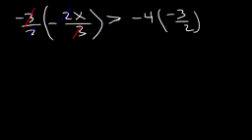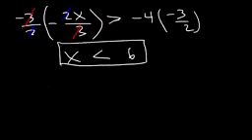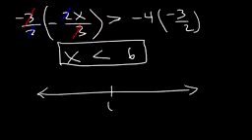And the 2 negatives will cancel, making this positive x. But anytime you multiply or divide by a negative number, the inequality changes direction. Negative 4 times negative 3 is 12, divided by 2, that's 6. So the answer is x is less than 6. So we need an open circle shaded towards the left because it's less than.